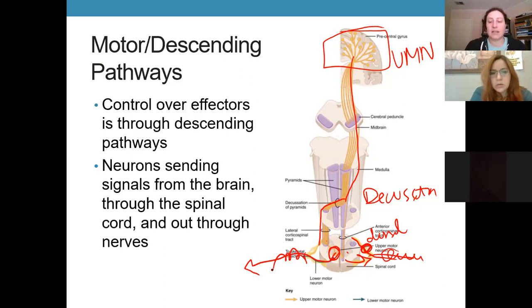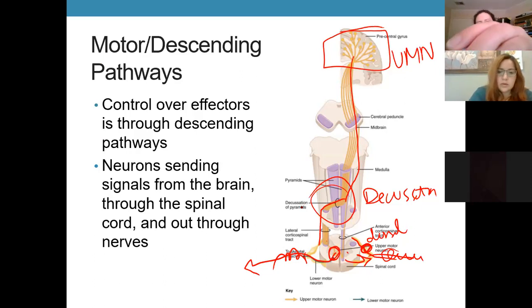Okay, so that's the descending. It's just two neurons, one synapse, but it's still going to share those characteristics that we see, which is the decussation and the relay and the symmetry and the somatotopy, which is up here. Anybody have any questions?